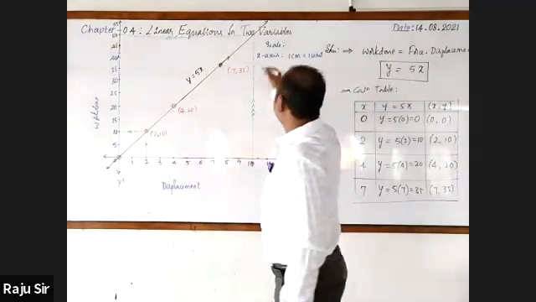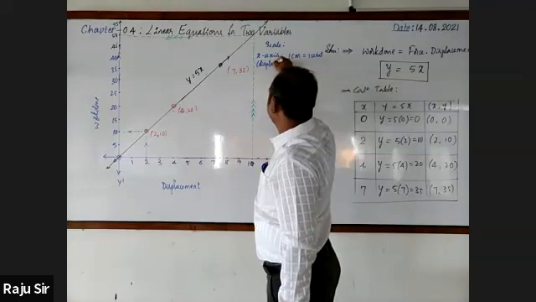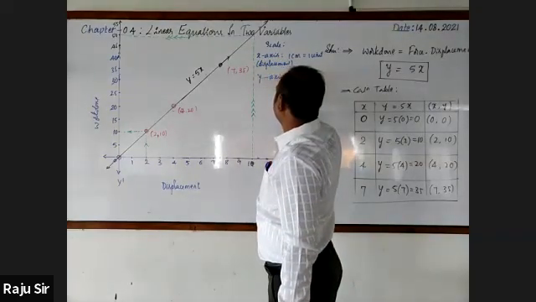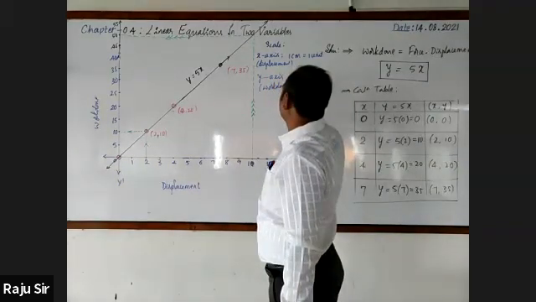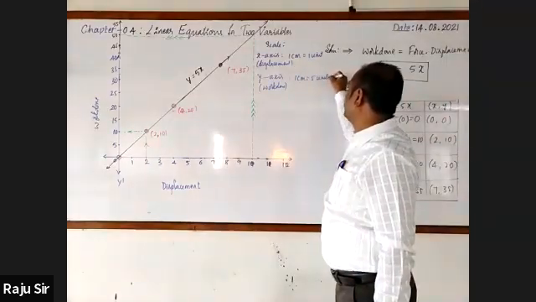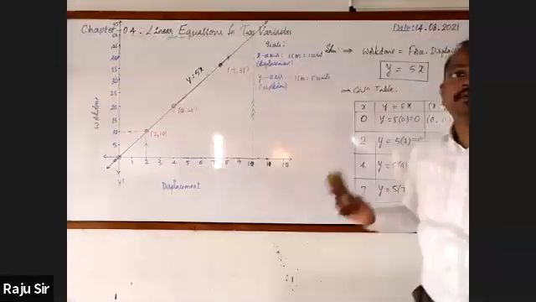Distance, displacement, you can write it in brackets. Displacement. Next, y-axis. What has been taken? 5 centimeter. Then 1 centimeter equal to 5 unit. Daksh, yours is over.